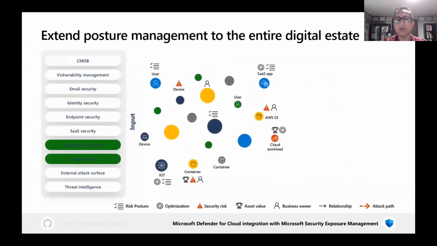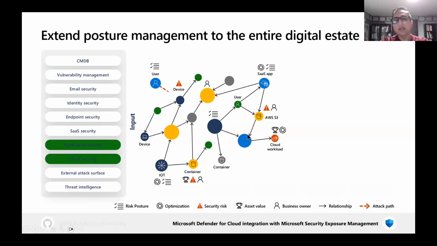So here's another example for the attack path. Security gets very complicated and very confusing, and it tends to overwhelm a lot of SOC analysts because there's just too much data. Here, you'll notice there are all these users, devices, and so on.